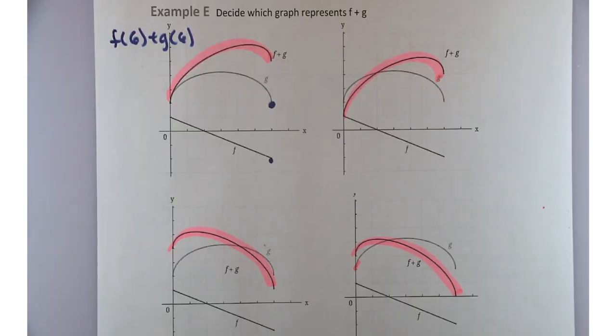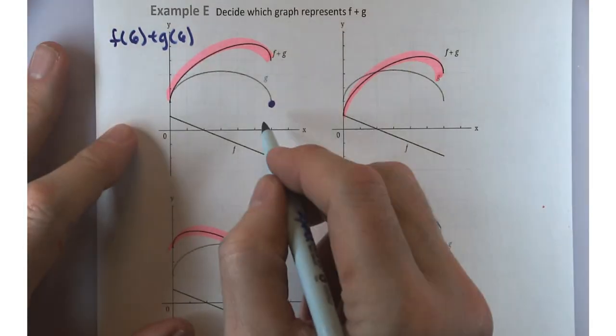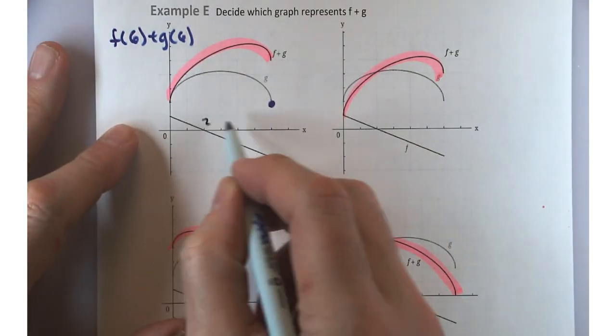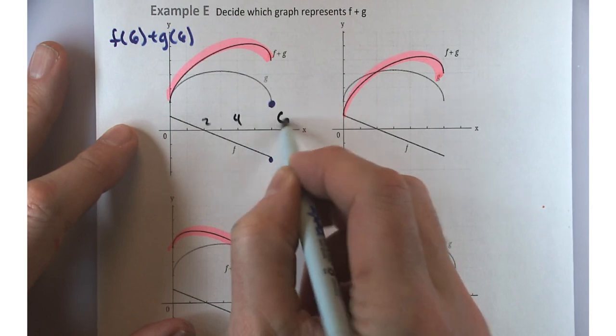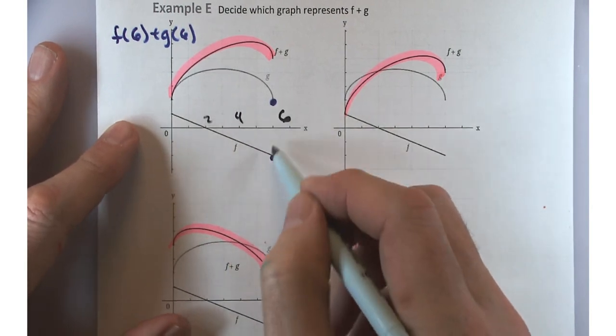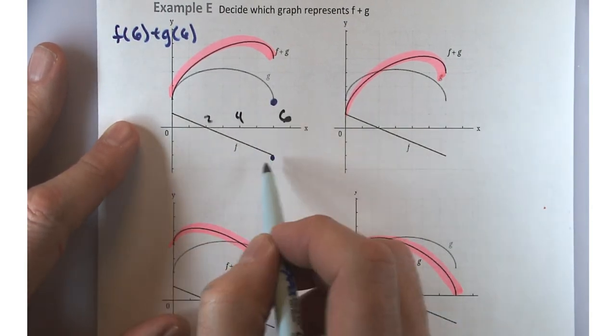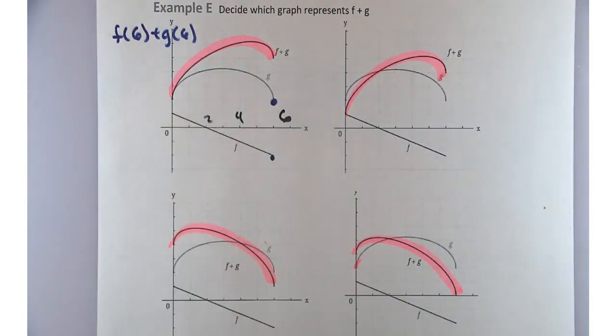What's the value of f of 6? Simon, what would f of 6 equal, please? So let's see, 2, 4, 6. What's the y coordinate here when I go to the graph of f? Negative 2.